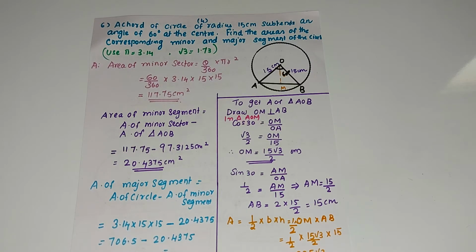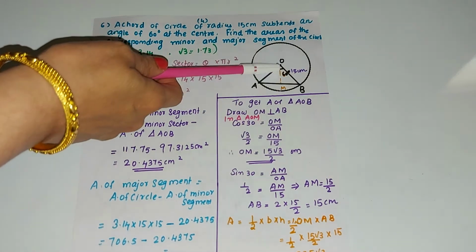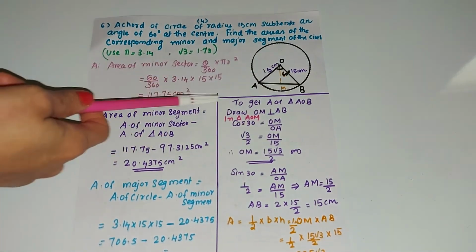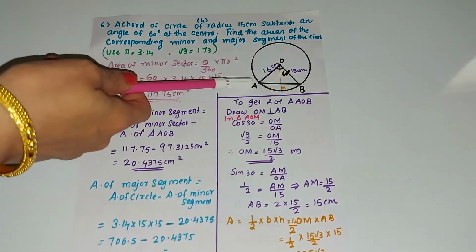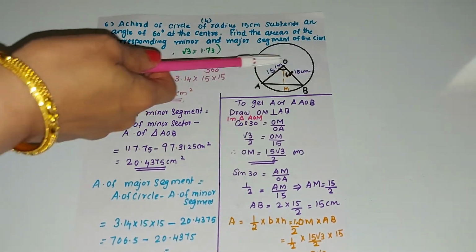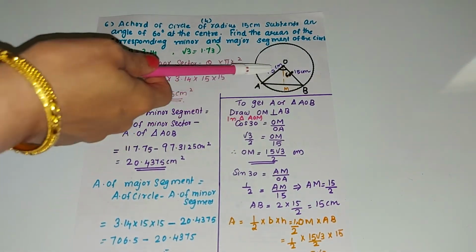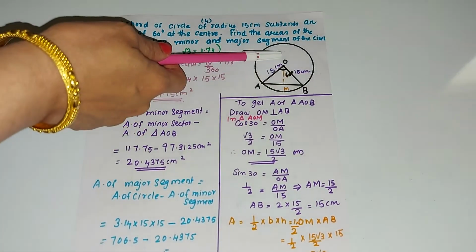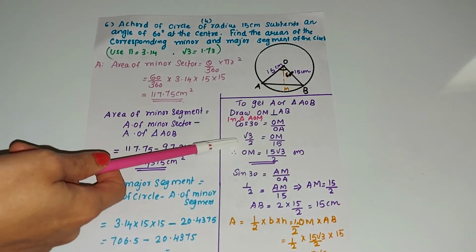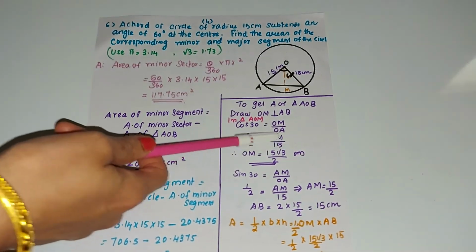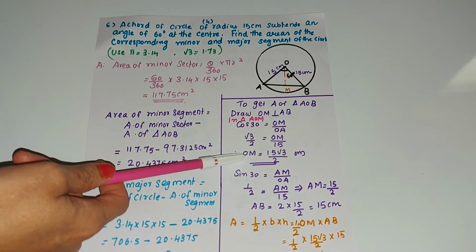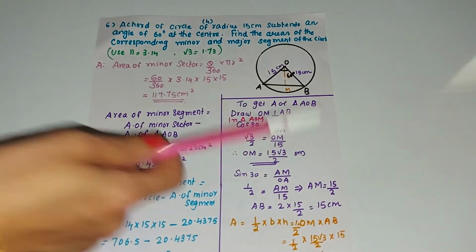Now to get the area of the triangle, we can use the same method that we used in the previous problem. Here draw OM perpendicular to AB and take this triangle. In triangle OAM, find cos 30. Cos 30 is OM by OA. Cos 30, the value is root 3 by 2, equal to OM by 15. Therefore OM equal to 15 root 3 by 2 centimeter.